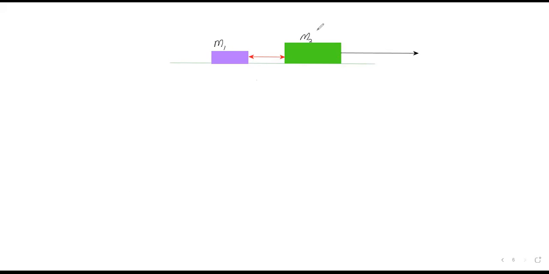Now, you can further say the mass 1 is equal to 200 kg, and the mass 2 is 1,000 kg, which is 1 ton.